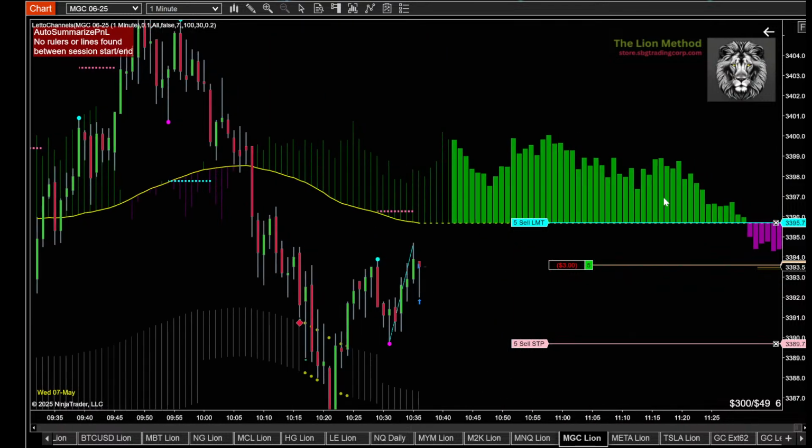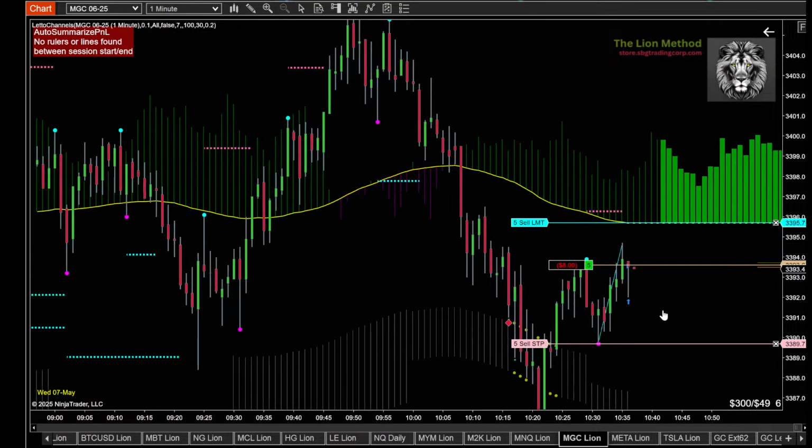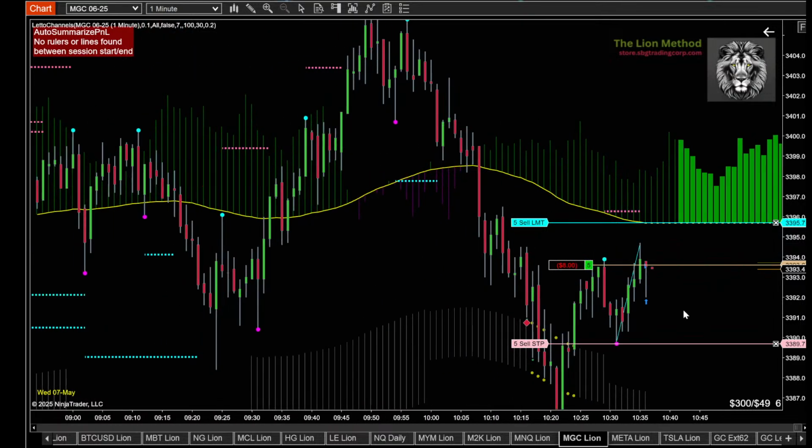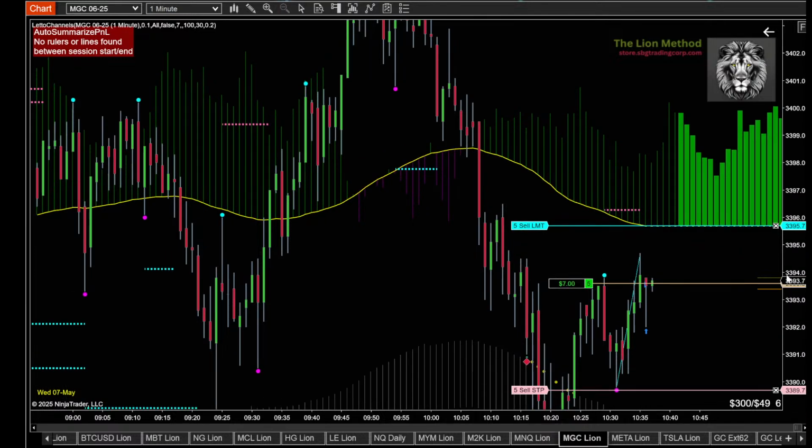Tendency is up, and we're looking for it to move up into the 100. Be conservative, going for the 100 as the target. Full target is up a little higher.